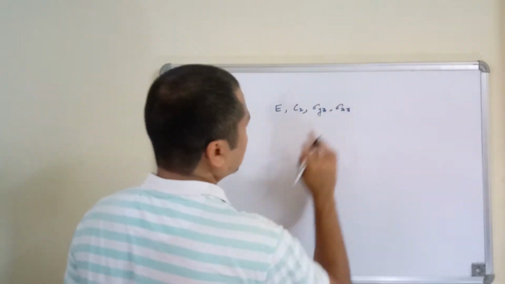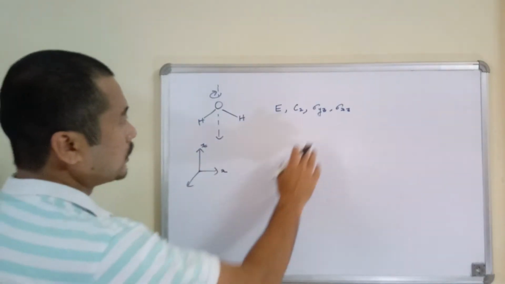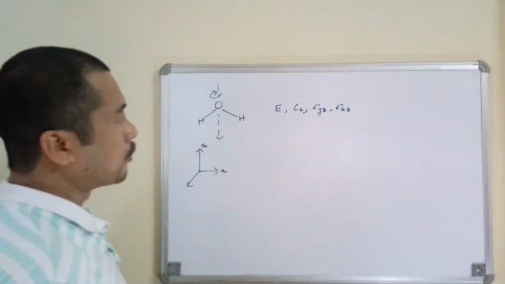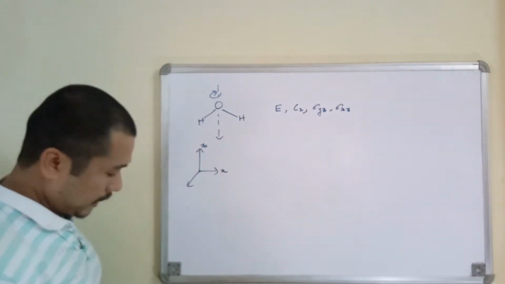So these are the two symmetry planes in the water molecule. Just to distinguish between them, we have denoted them as the sigma yz plane and the sigma xz plane.